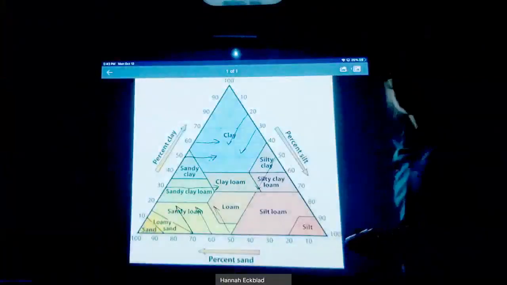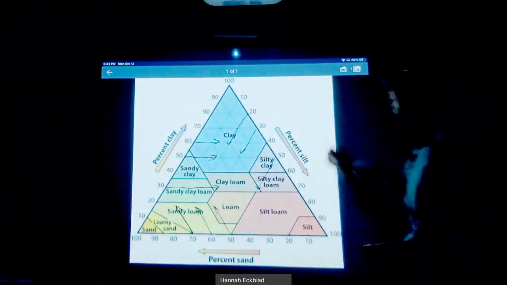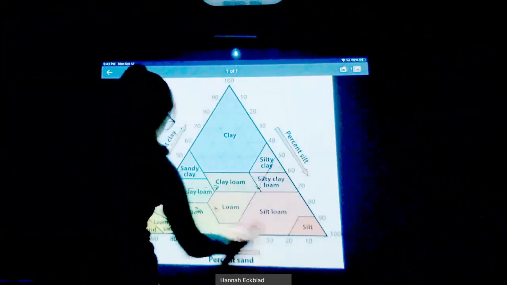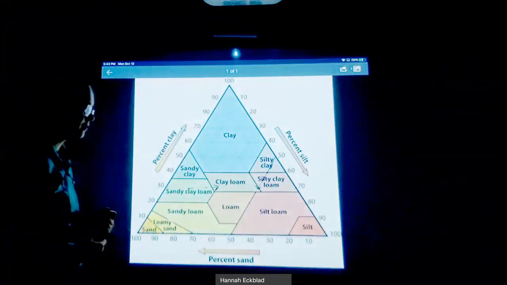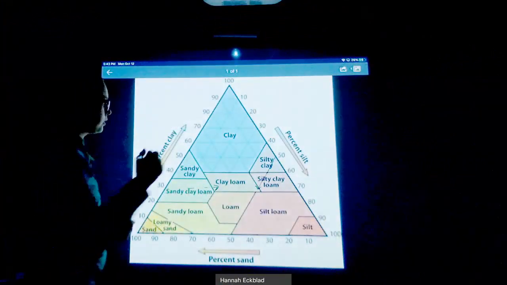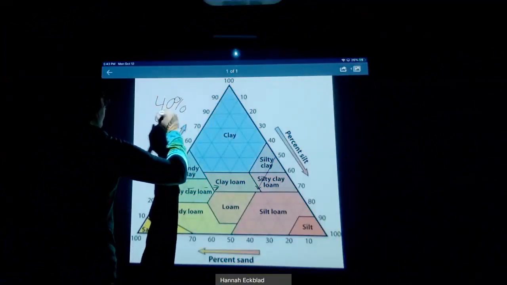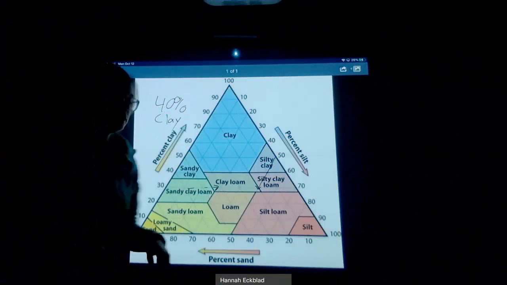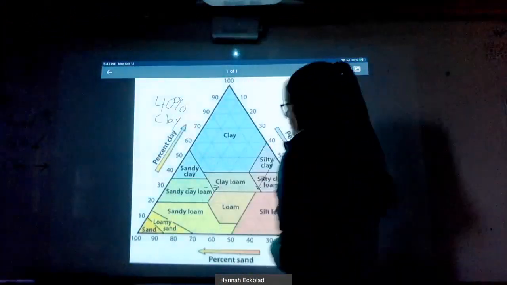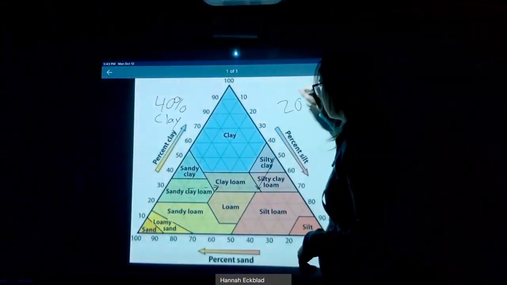So how can we use this information? Well, let's say I know that my soil is 40% clay, and I know it is 20% silt.